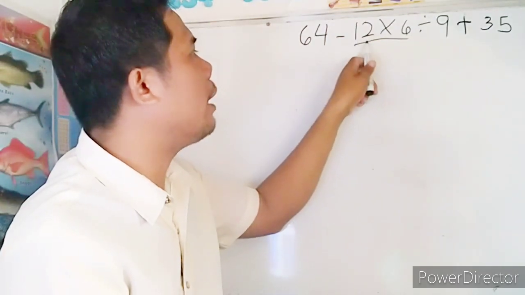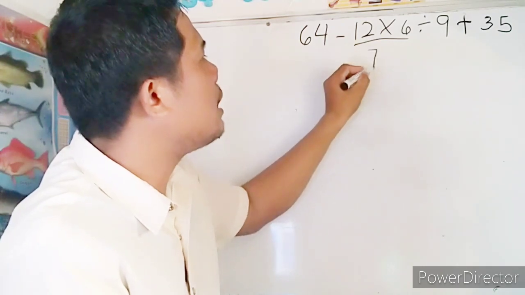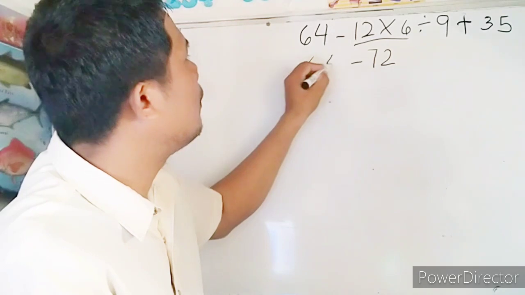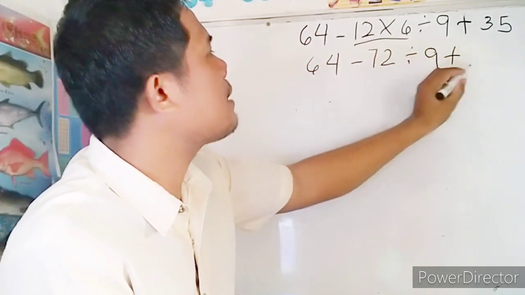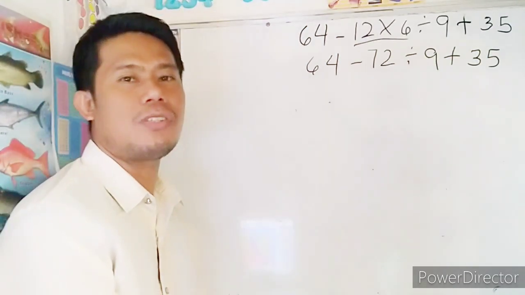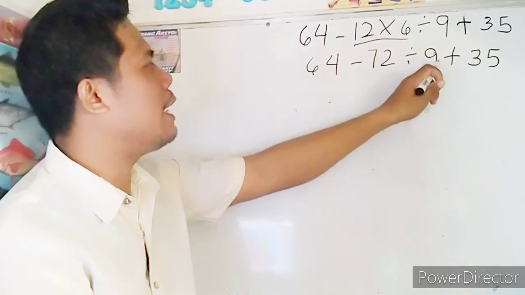So we have 12 times 6 equals 72. Then copy, minus 64. Then divided by 9 plus 35. Okay, what is the next operation? We have division. So we're going to divide.